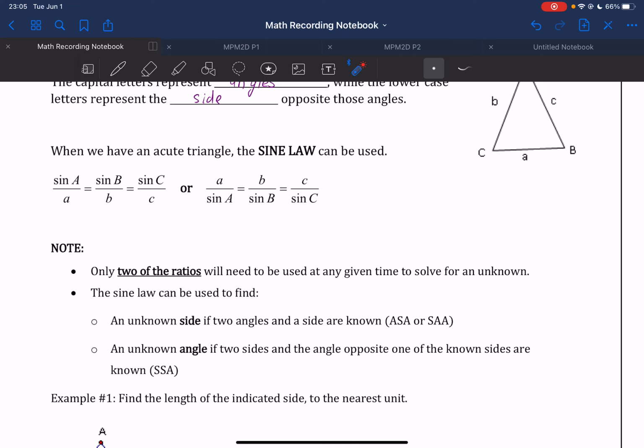The first way is sine angle A divided by length A equals sine angle B divided by length B, equals sine angle C divided by side C. And then you just flip it and it's the same thing. Both of these work, and we can use these when we have either two sides and an angle or two angles and a side.